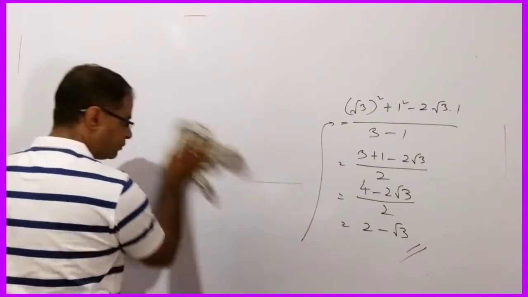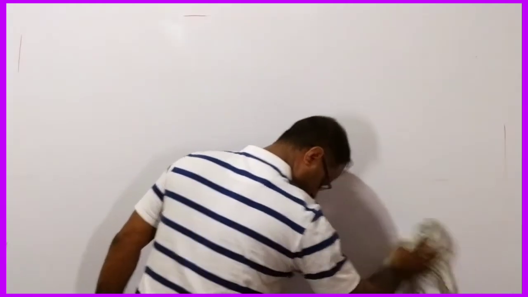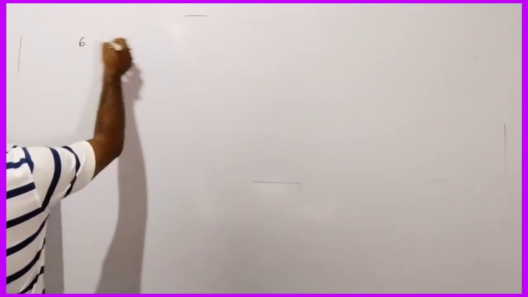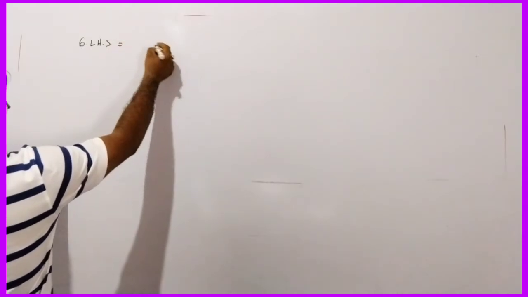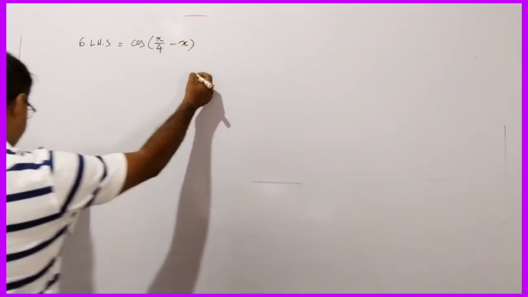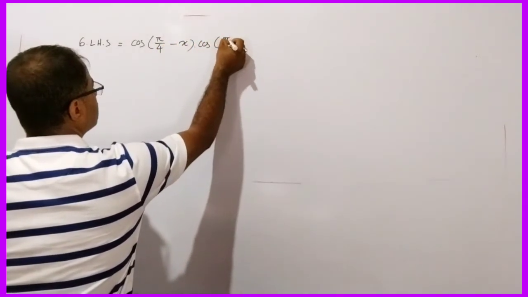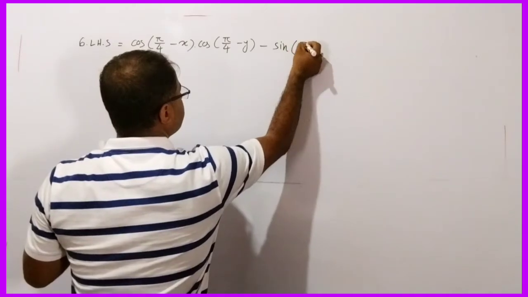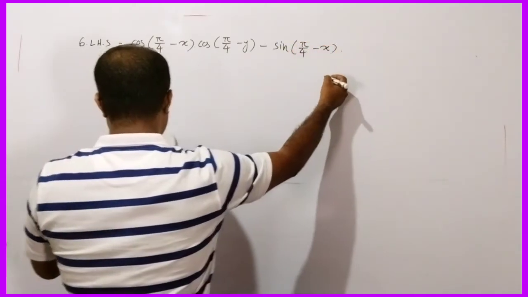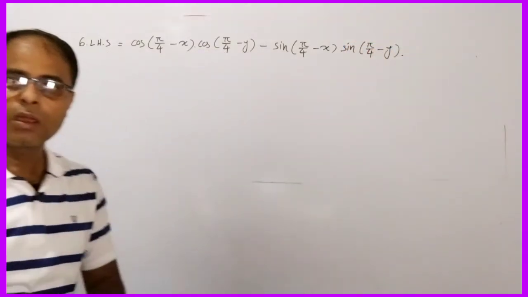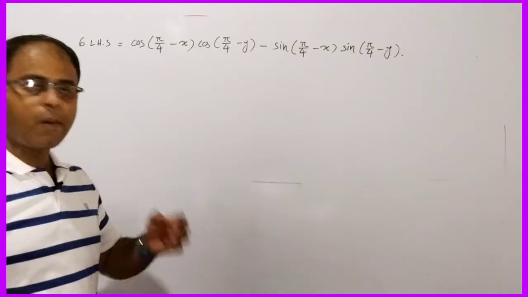In the question number 6, the left hand side is cos of pi by 4 minus x into cos of pi by 4 minus y minus sine of pi by 4 minus x into sine of pi by 4 minus y. Observe the left hand side.